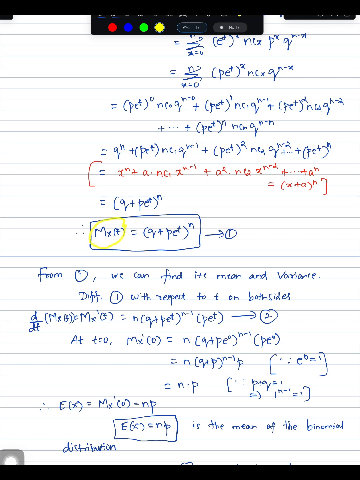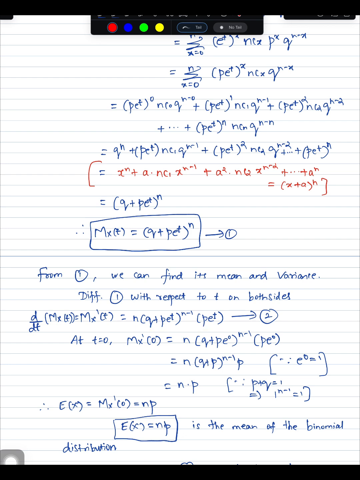When you differentiate this side, this is nothing but your M_X'(t), and the other side will have n into (q + p e^t)^(n-1) into the derivative of (q + p e^t). The derivative of q is 0 and the derivative of p e^t is p e^t, which is what is written in this step.